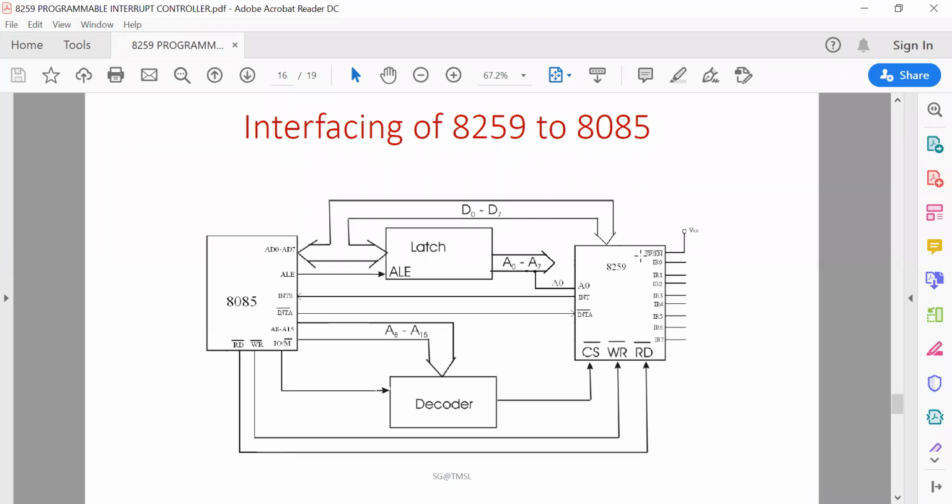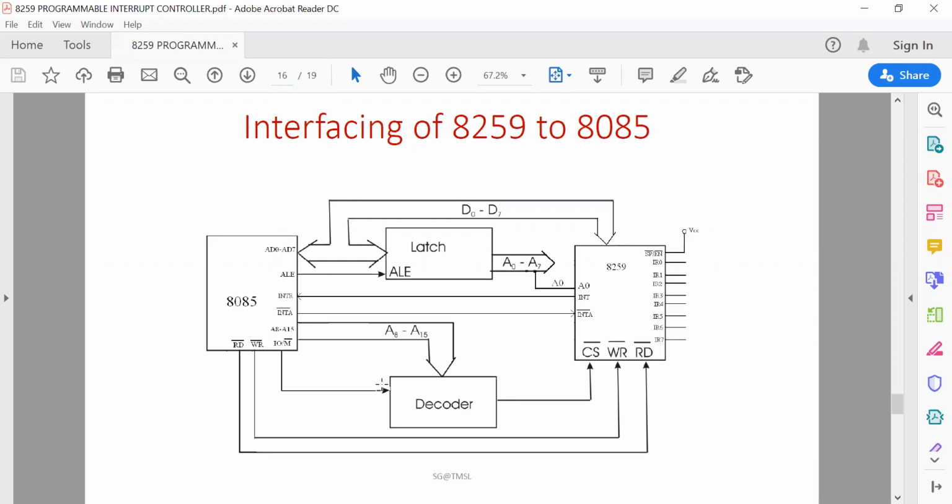So in this case, if it is interfaced with the 8259 IC, how will it operate? Now the 8259 requires two addresses. One is the A0 line, another is the A1 line. The A0 line from the address bus is connected to the A0 line of the 8259 IC, and then the higher order address bus is used to select a particular chip using an address decoder circuit.